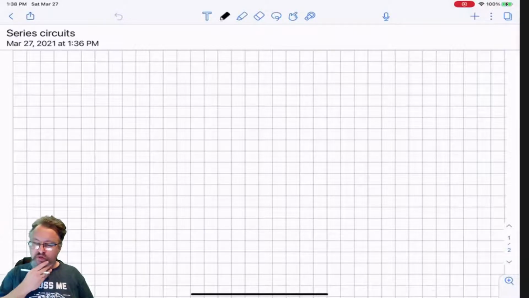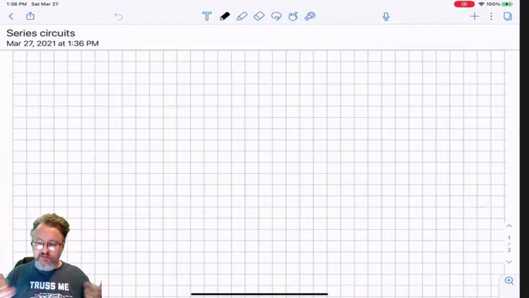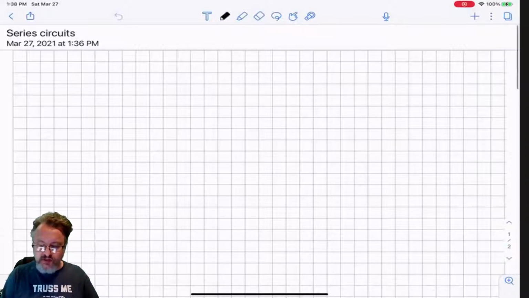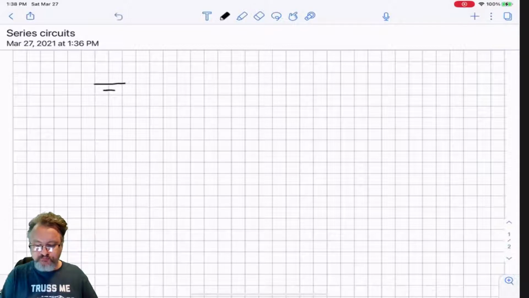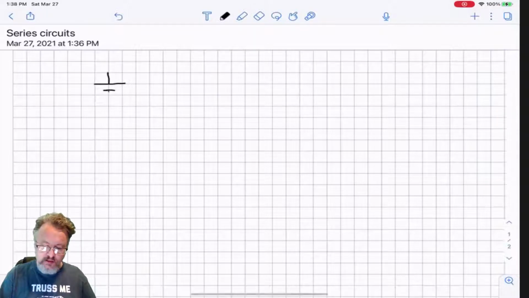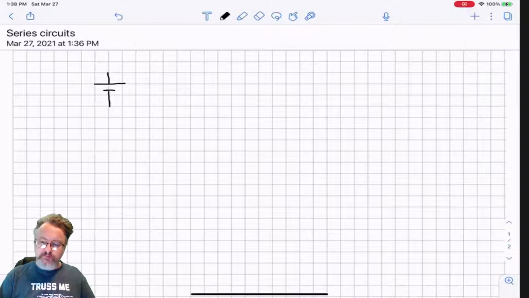Okay, so we have already studied the symbols for schematics. Let me show you a little schematic right here to illustrate what a series circuit would look like. Let's have a little battery right here, a one cell battery.